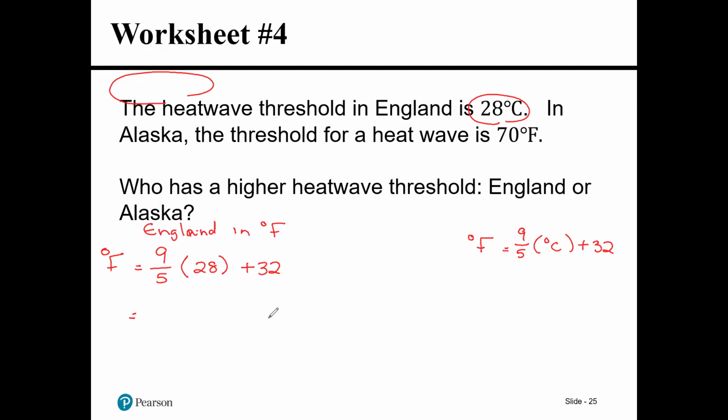To make it a little easier on yourself, just do 9 divided by 5, and that's going to be 1.8. So 1.8 times 28 is going to be 50.4, plus 32, which is going to be 82.4.